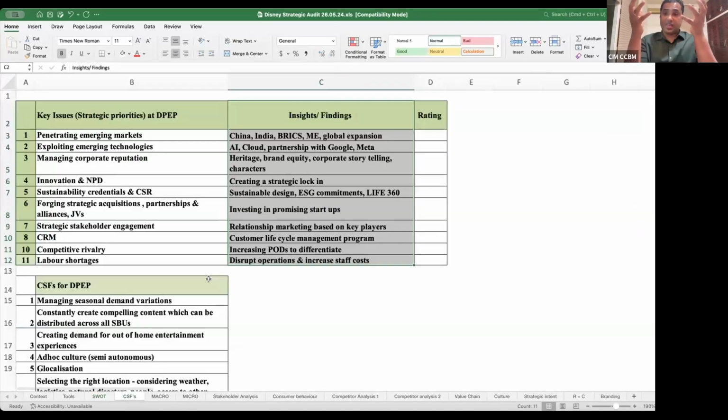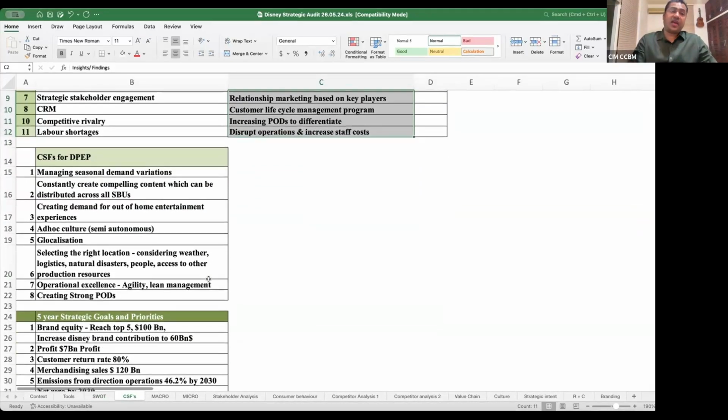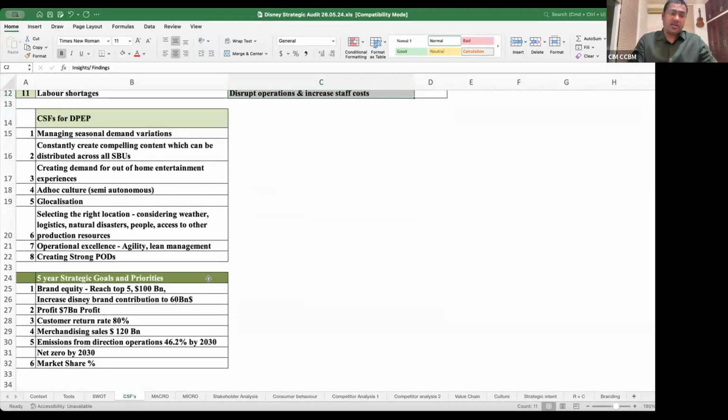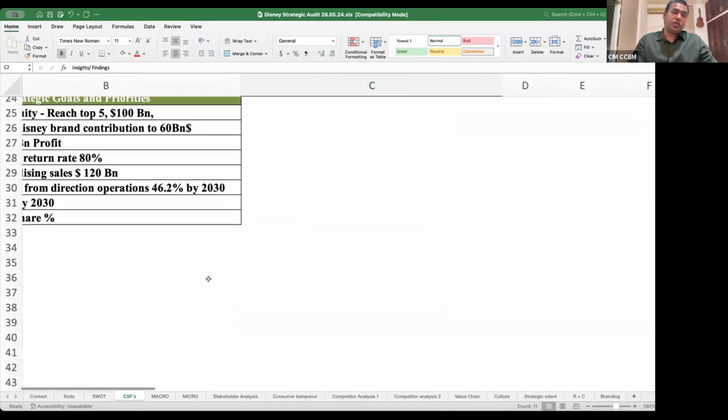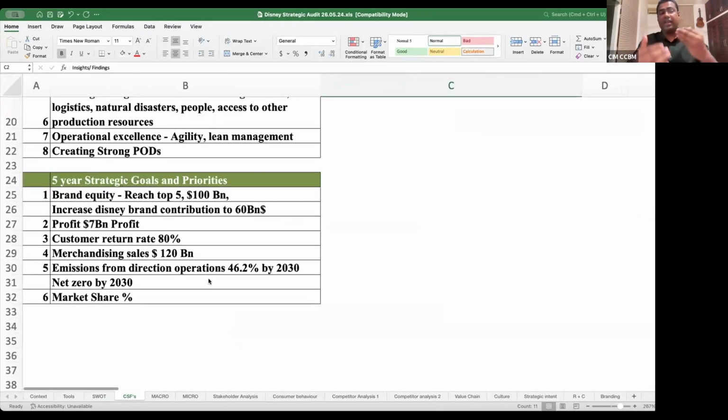You can analyze the key issues from the SWOT analysis, put them in a table and show some insights. Understand the critical success factors in the industry. If you think you can link it somewhere, you can create some 5-year goals and objectives or priorities. We have discussed all this.